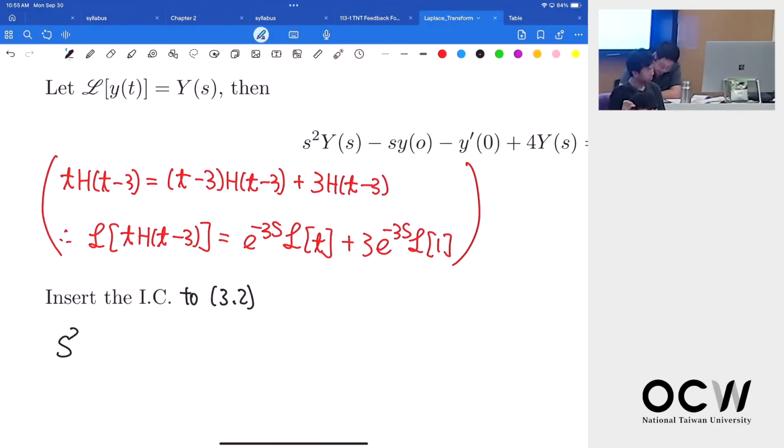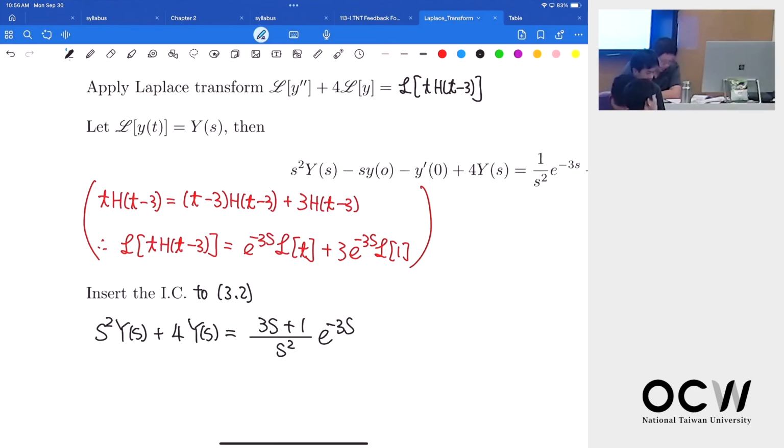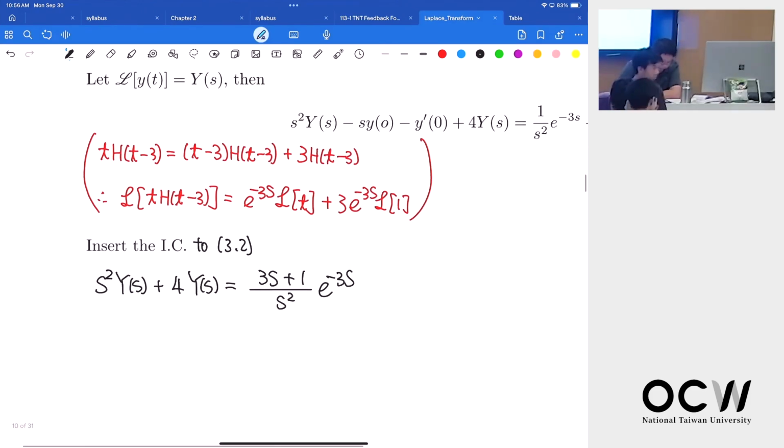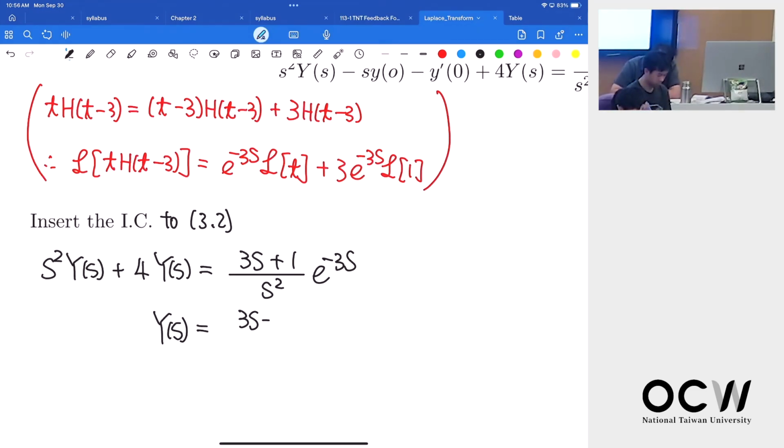We have s squared Y plus 4 times Y of s, that becomes, then you can find your Y. Then your Y is (3s plus 1) divided by s squared plus 4, times e to the minus 3s.